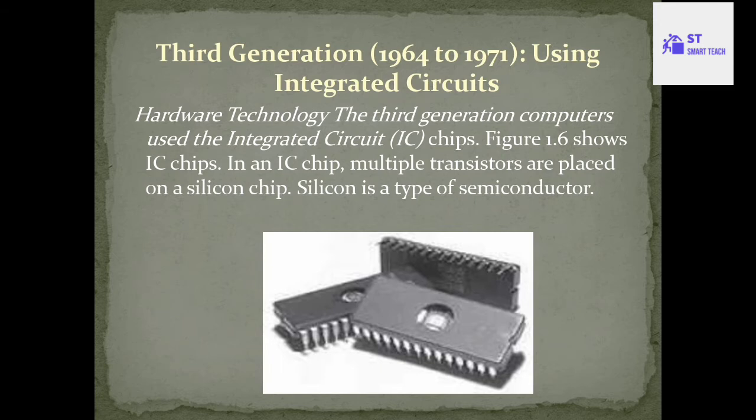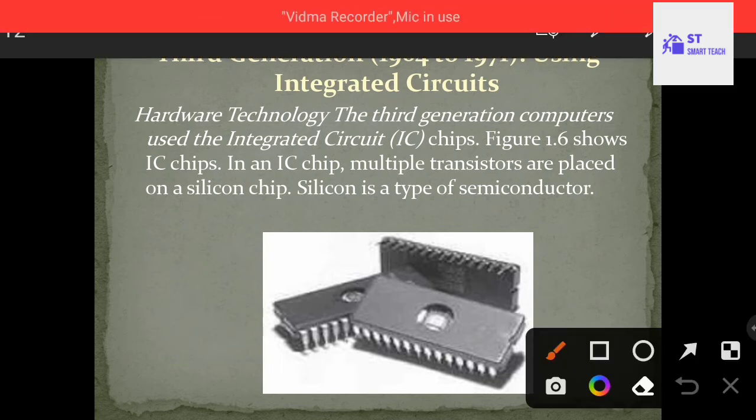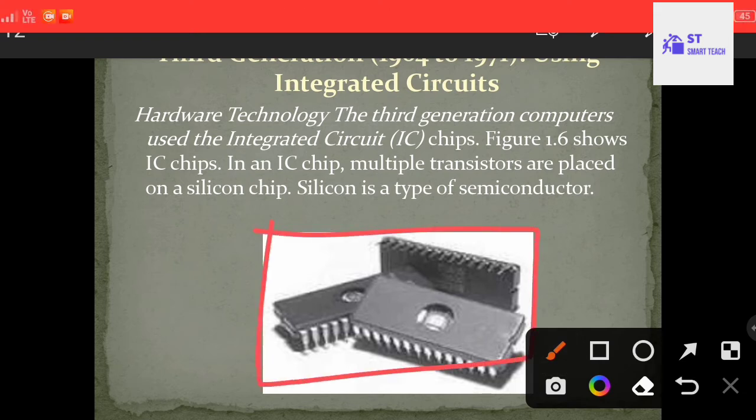In an IC chip, multiple transistors are placed on a silicon chip. Silicon is a type of semiconductor. So this is the image of third generation computer integrated chips.